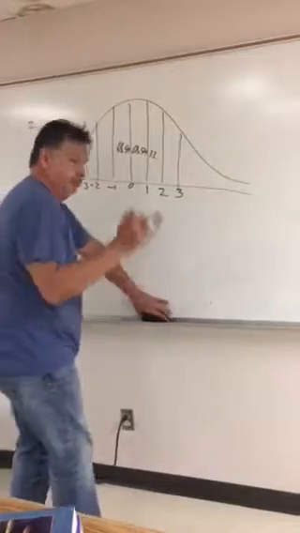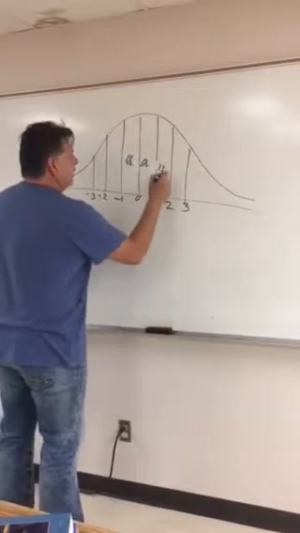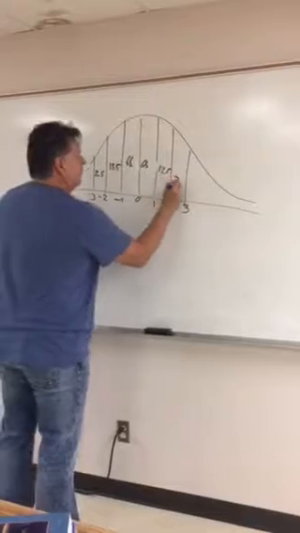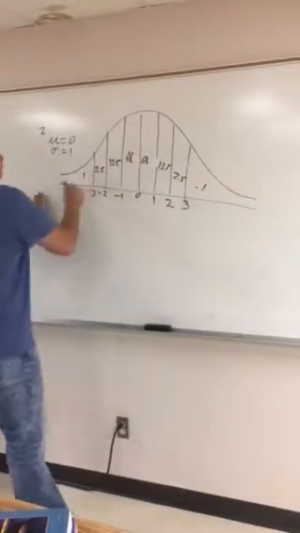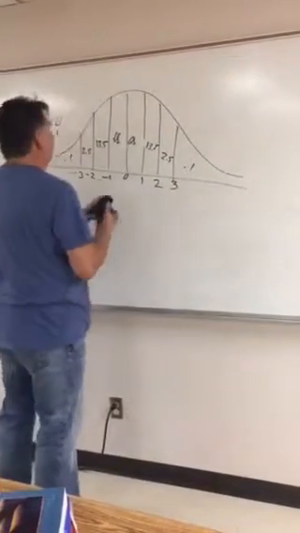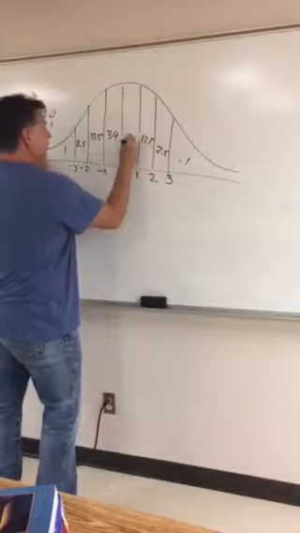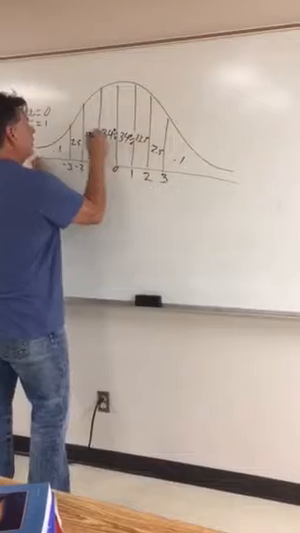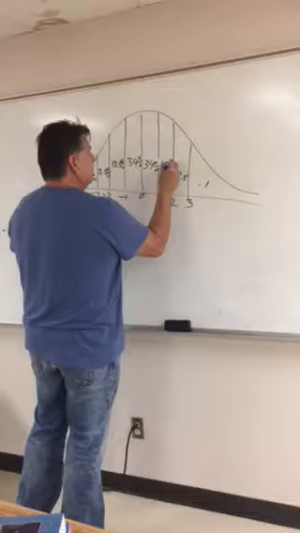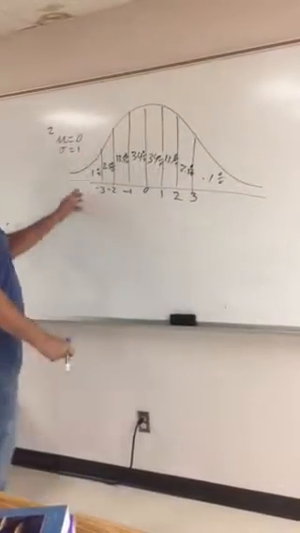So just for class's sake: 68, 13.5, 2.5, and 0.1. 68 and 68 is, or I'm sorry, that's where I'm messing up. 34%. Jeez. So these are percentages, and we're going to call these percentages under the curve. So I've got 34%, 13%, and 0.1%, or 1/10%.